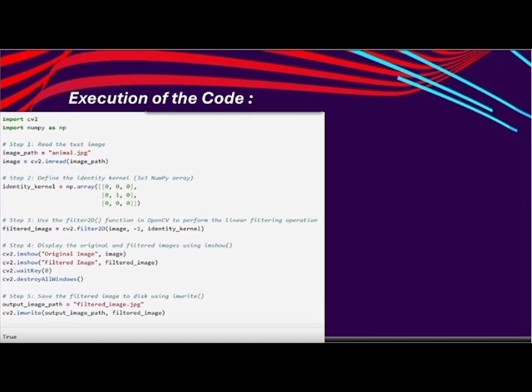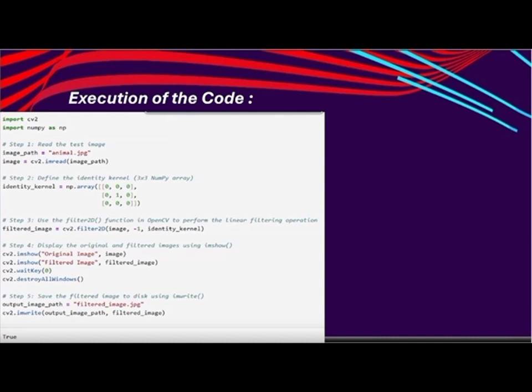So give the path of your input image over here and read the test image by using imread. The third thing, we need to define an identity kernel, and as mentioned earlier, we are using a 3 into 3 NumPy array. Then we need to filter the image by using filter2D.